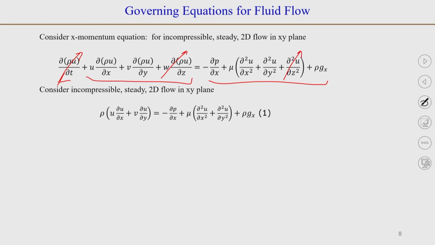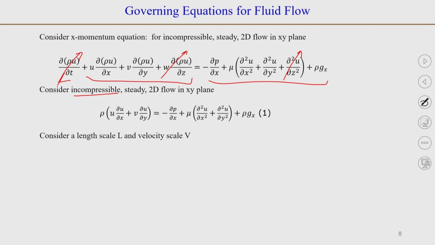So, our equation will simplify, and we consider the flow to be incompressible and the density constant, so rho comes out. So, ρ(u ∂u/∂x + v ∂u/∂y) is equal to −∂p/∂x plus μ(∂²u/∂x² + ∂²u/∂y²) plus ρg_x.